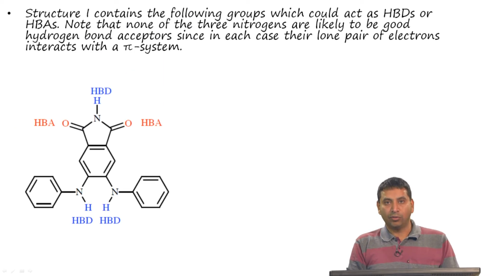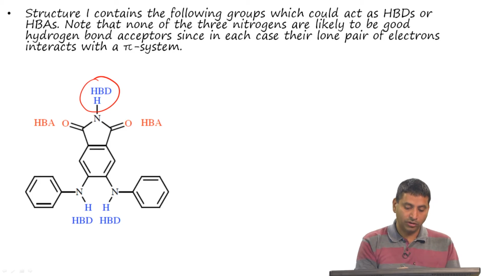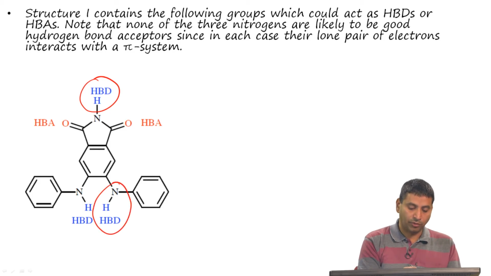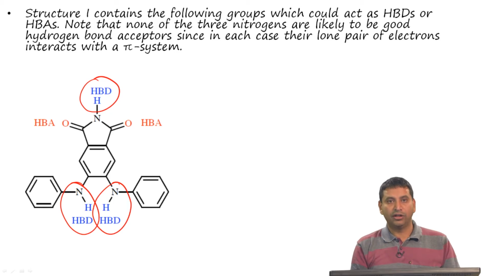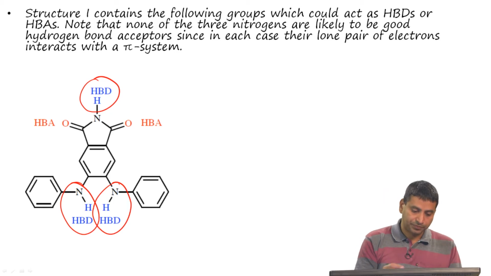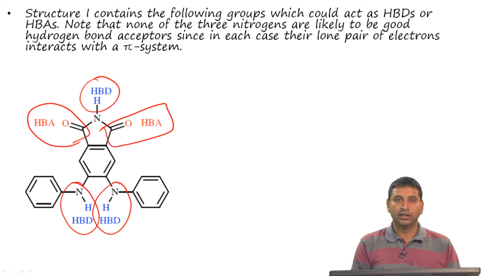So, if you look at structure 1, it contains the following groups: this can act as a hydrogen bond donor, this nitrogen can act as a hydrogen bond donor, and so can this nitrogen, right. So, you have 3 potential hydrogen bond donors in the molecule. You also have a couple of hydrogen bond acceptors in the form of carbonyls, right. So, note that none of the 3 nitrogens are likely to be good hydrogen bond acceptors, since in each case the lone pair of electrons interacts with the pi system.